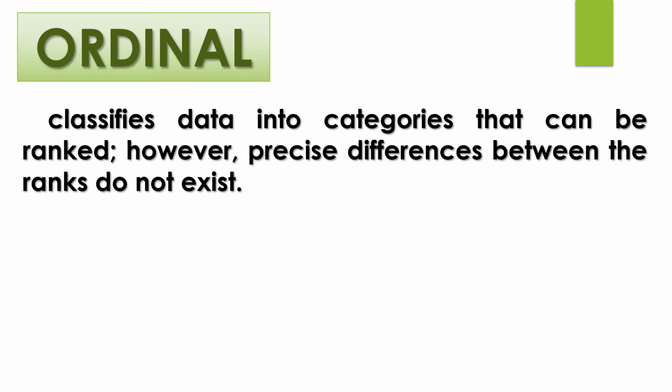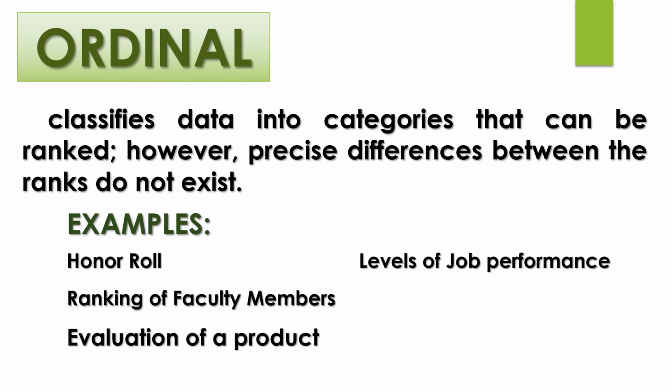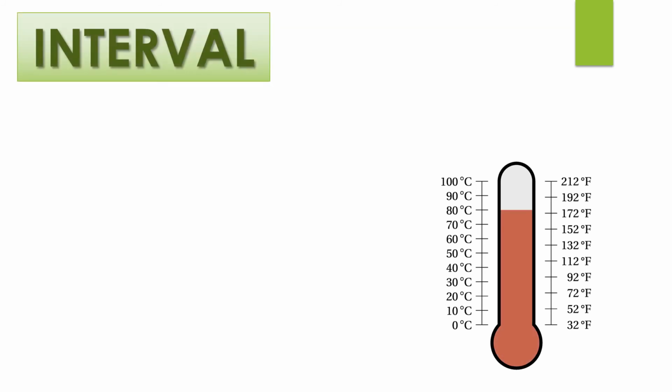It is a measurement scale that yields information about the ordering of categories. For example, honor roll, ranking of faculty members, evaluation of products, level of job performance. Okay, so those are examples of ordinal data.